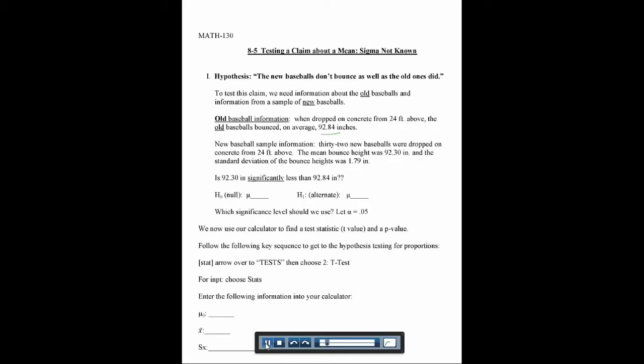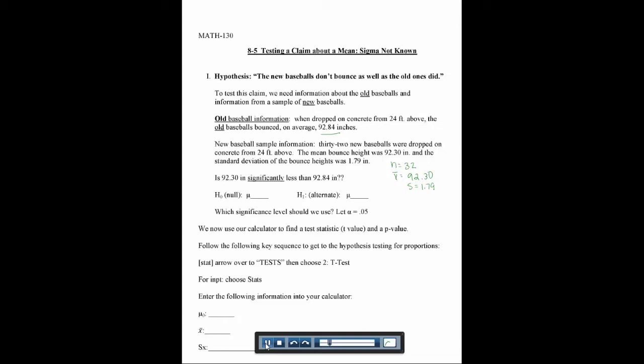So the new baseball sample information says 32 new baseballs, so that's our n, were dropped, again, from 24 feet. And it says the mean bounce height was 92.30, and the standard deviation was 1.79.